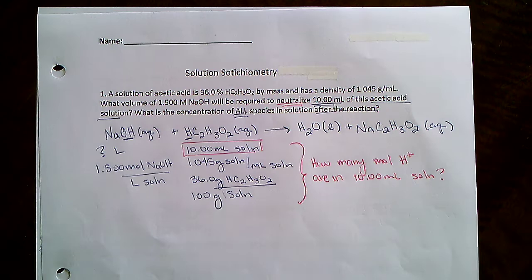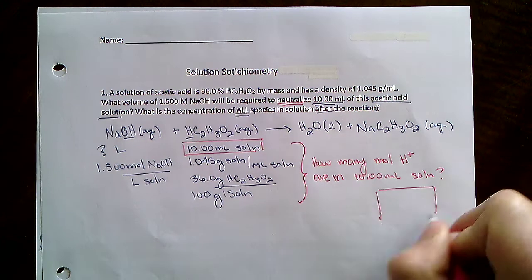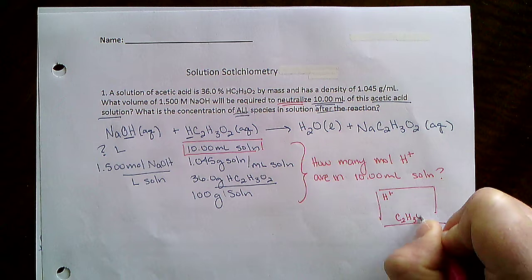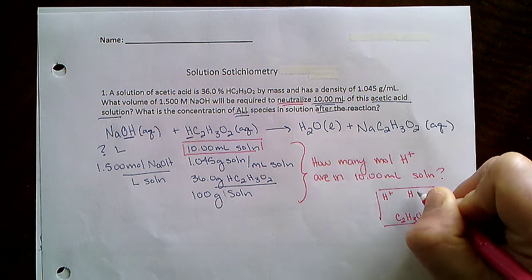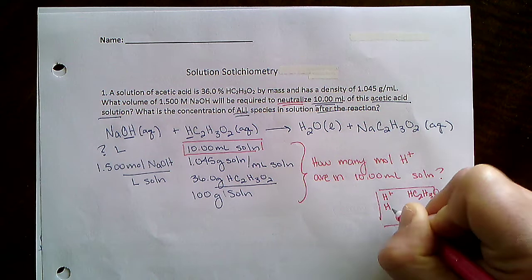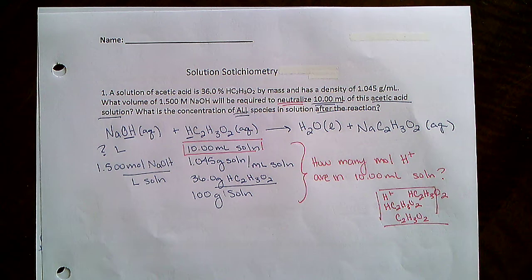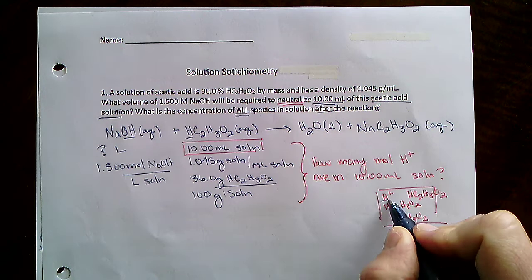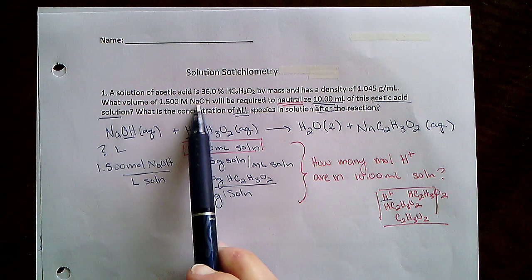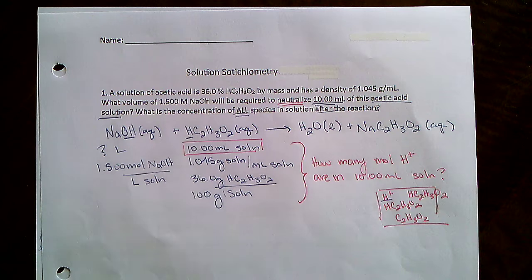Something to be clear about: acetic acid is a weak acid. So if you were going to draw a molecular view of it, you would show one dissociated and then several that are undissociated, that are together. Even though there's maybe only one dissociated at a time, when you add a strong base, this hydroxide is going to react with all of the H's.